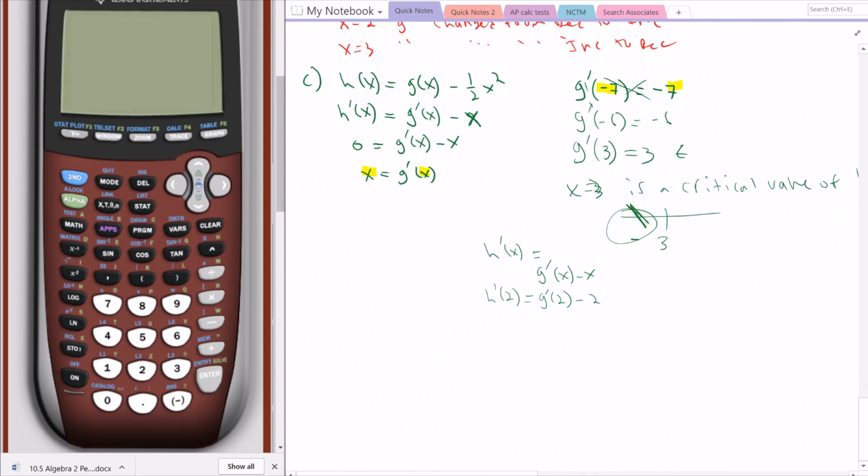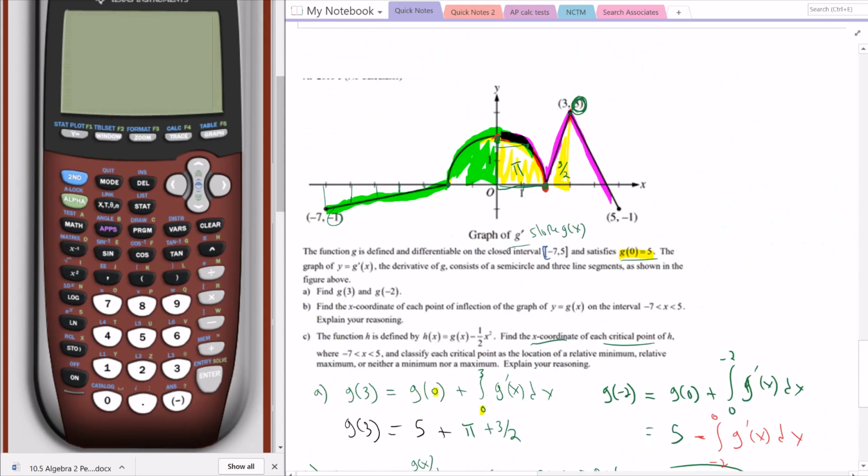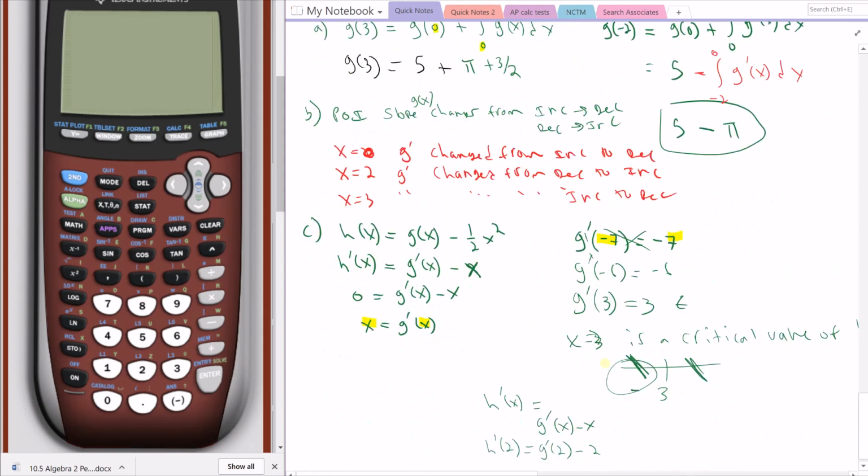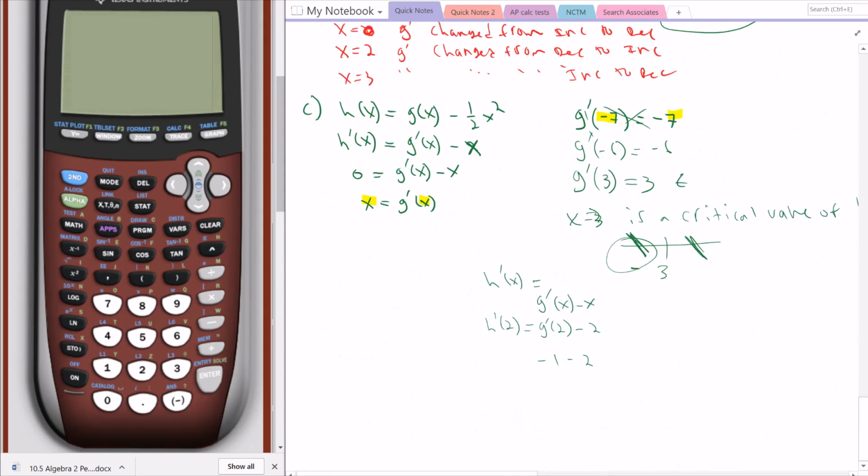Then we plug in a 4. 4 may not be the best one, so let's do 5. G prime of 5 is negative 1, minus 5 is also negative. So it's neither a max nor a min. There is neither a max nor a min at x equals 3.